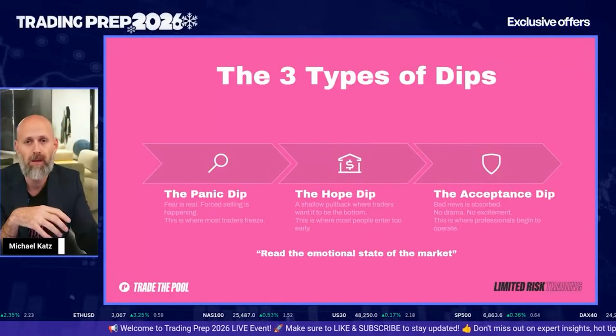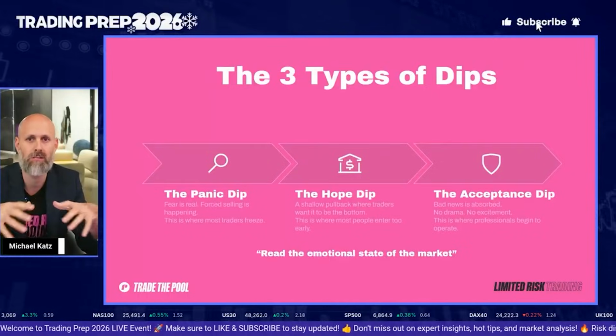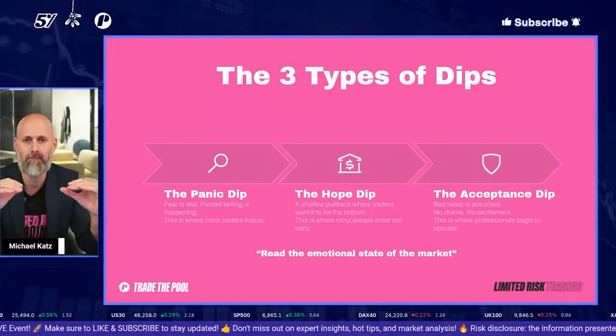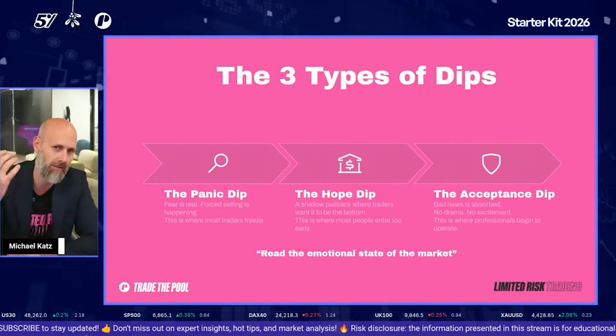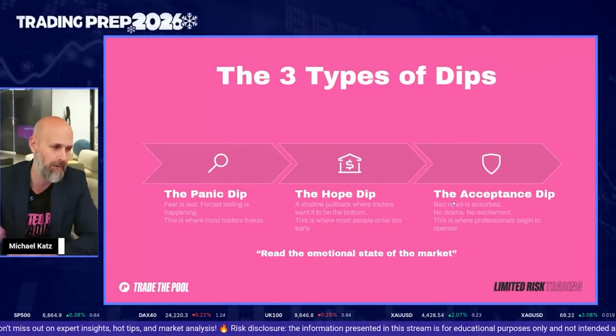That was the hope dip. And then when we got to the point where the bad news was observed, everyone already knows about it and it's not a panic stage, then there was the turnaround on COVID, and you can easily see it in many, many other cases throughout the years.